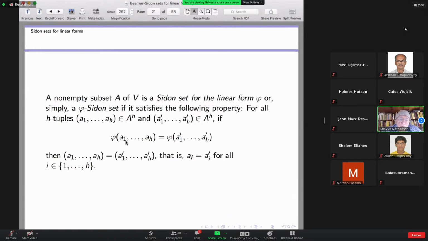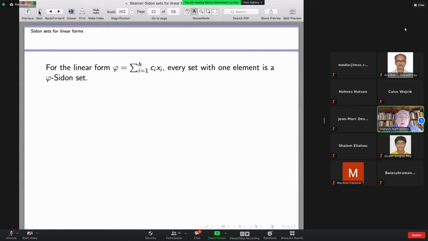Every number that's represented has a unique representation in exactly this form. So to state the obvious fact, if you have a set with just one element, it's a Sidon set because there's only one h-tuple, so there's nothing else you can do. So it's only interesting to look at Sidon sets that have two or more elements.